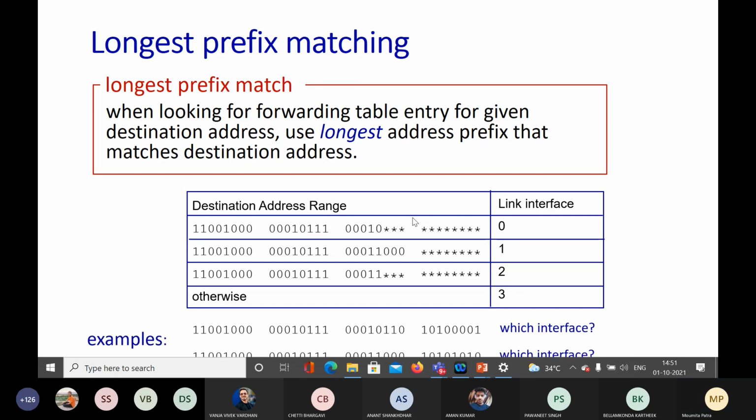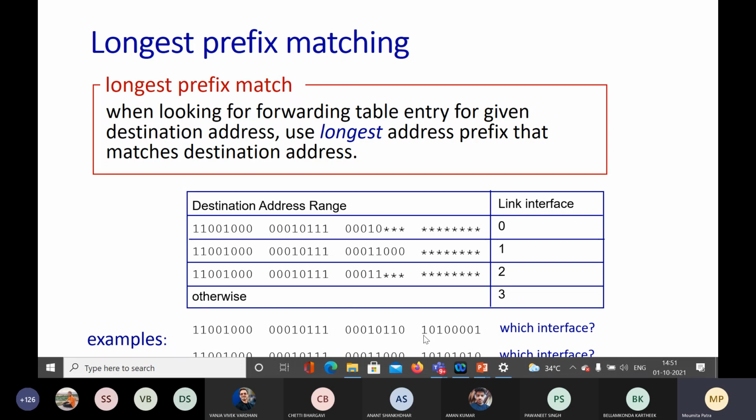So for example, if you have this one, what are the values here? So this is 10 triple 110. Now which one does it match with? Can anybody tell this one?